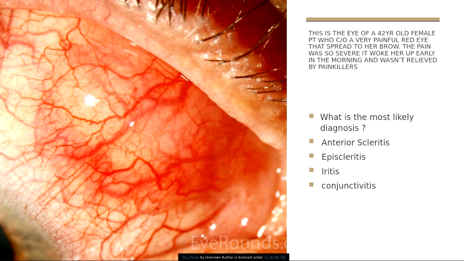Iritis, you do get a painful red eye with iritis, but the most common presenting symptom is pain which is exacerbated by light, photophobia. So most patients with iritis complain of photophobia.